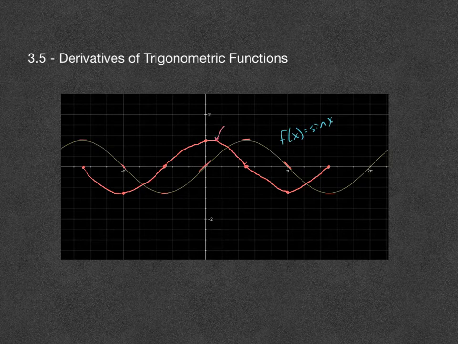This derivative here, f prime of x, is equal to the cosine of x. That's right, the derivative of the sine curve is the cosine curve. The slope at any point on the sine curve is the cosine at that exact same point. Okay, so that's a really cool relationship that those two functions have together.